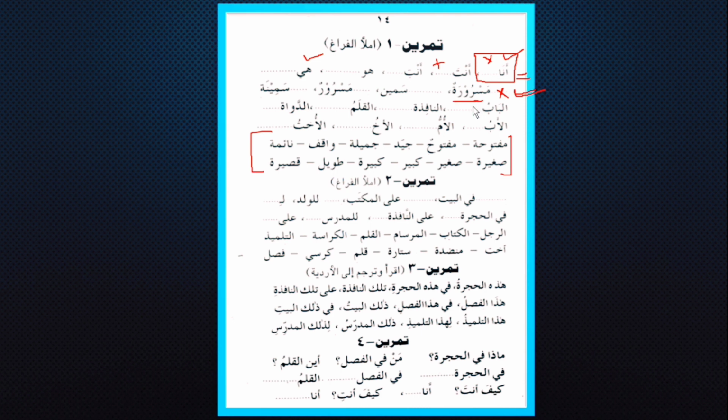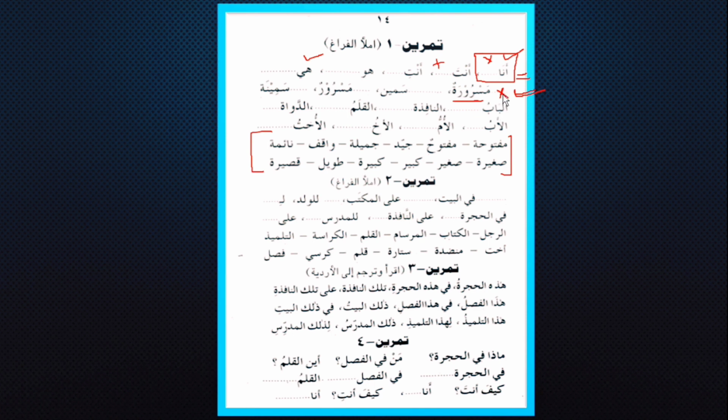Here one more thing which we have to keep in our mind while completing these sentences is that there should be conformity with respect to gender between mubtada and khabar. So mubtada and khabar, that is subject and predicate, are in agreement with respect to gender. So here masruratun is muannas, that is feminine.